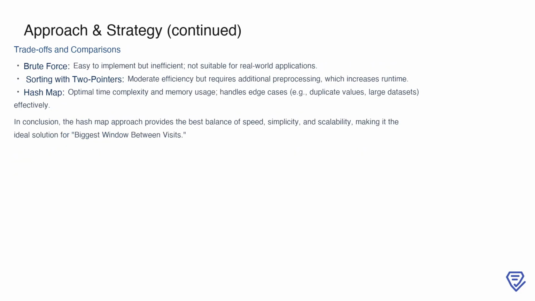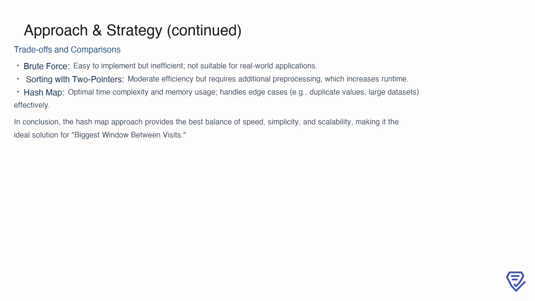Each of the approaches we considered comes with its own trade-offs. The brute force method is simple and easy to implement but lacks efficiency, making it unsuitable for real-world applications with large datasets. The sorting method with two pointers improves efficiency but introduces additional preprocessing steps, increasing its runtime and memory usage. On the other hand, the hash map approach offers the best combination of speed and scalability.